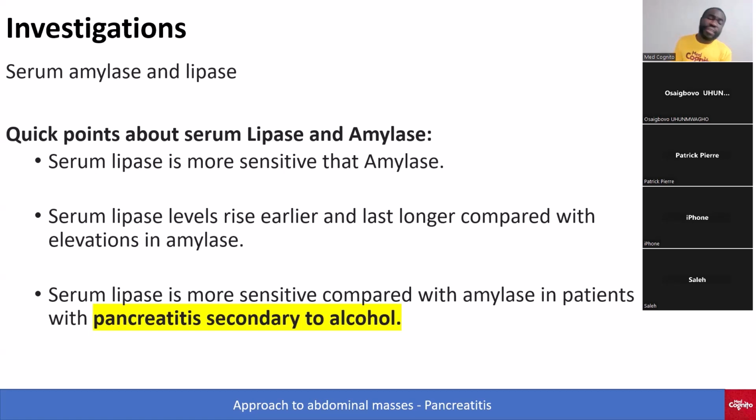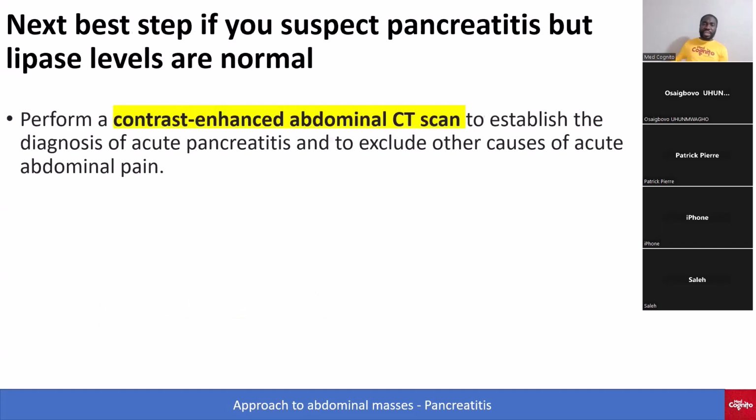And if you have a client who has been taking alcohol for a long time, it is more likely that you're going to get a more sensitive test with serum lipase than serum amylase. So that's very important.